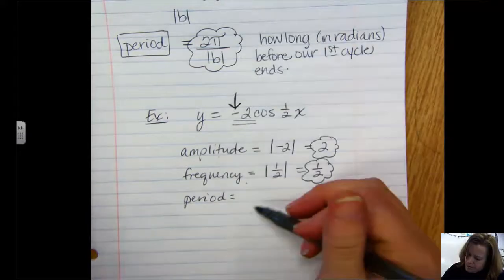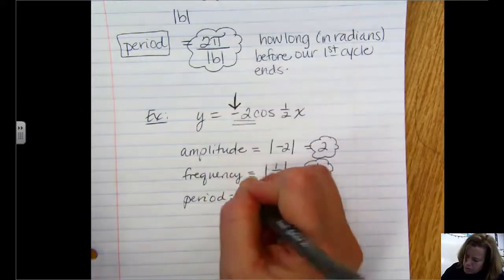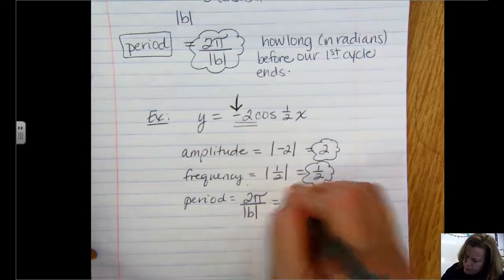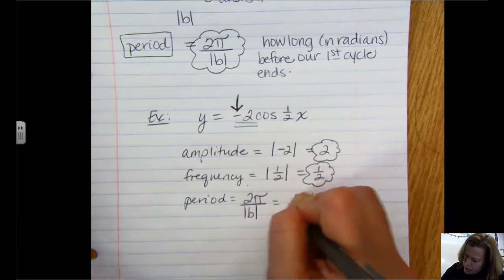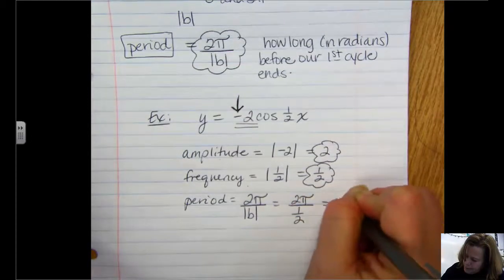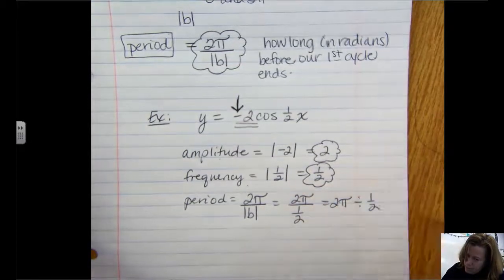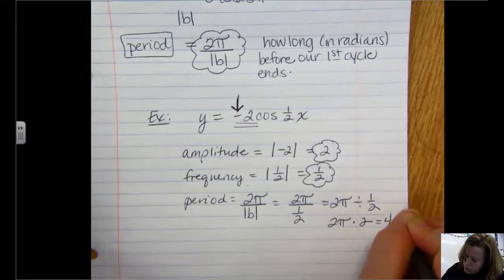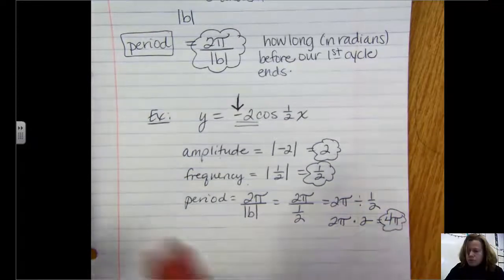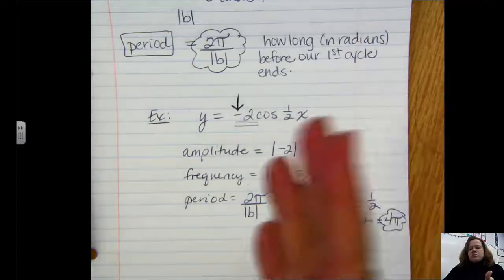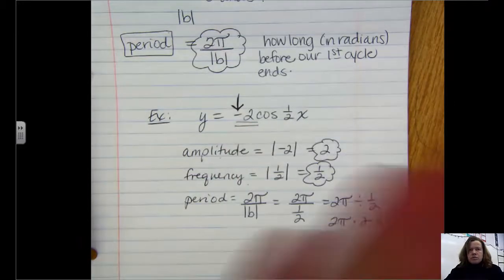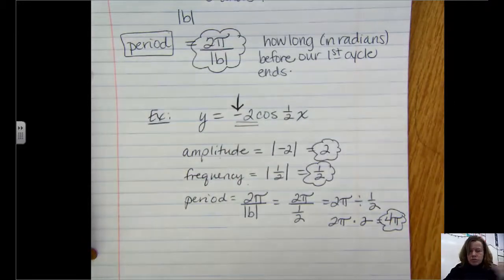Period, the formula we really need to know, is 2 pi over the absolute value of b. Well, 2 pi divided by 1/2 is 2 pi times 2, or 4 pi. So it takes a length of 4 pi on my x-axis before I see one complete cycle of cosine. A wide period with a small frequency.